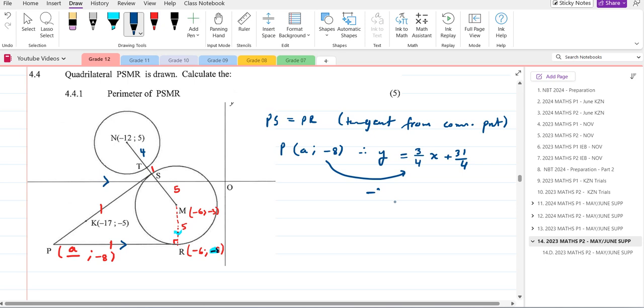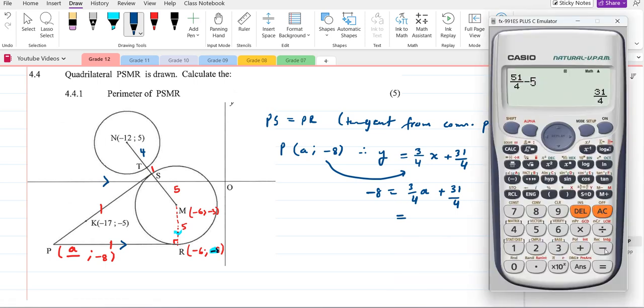So y is -8. We got 3/4 a plus 31/4. Now we're going to take this 31/4 over and divide it by 3/4. So I'm going to take -8 minus 31/4, right? I've got an answer, -63/4, and I'm going to divide it by 3/4.